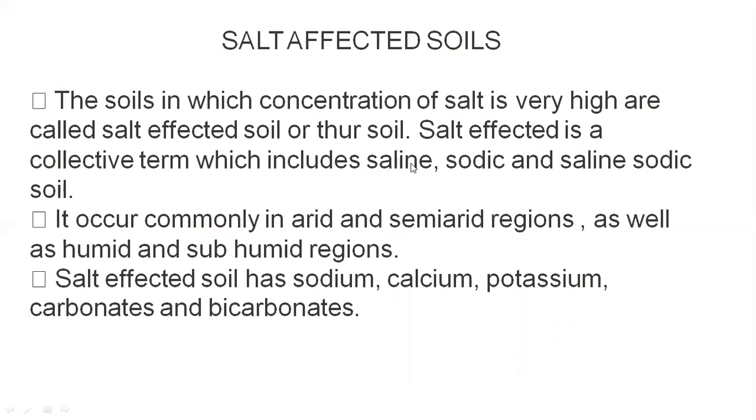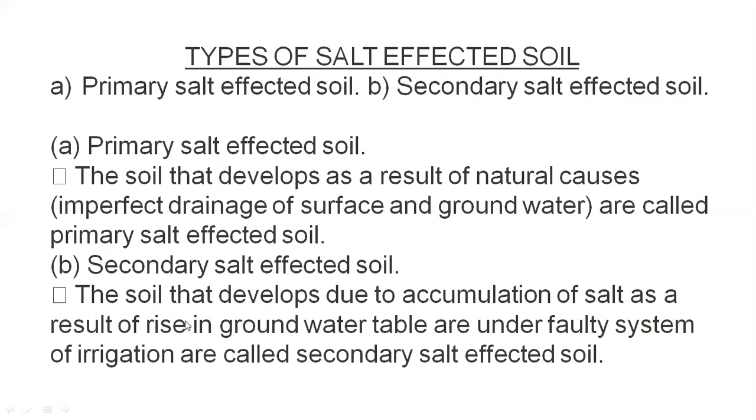Saline is somewhat different, sodic is a somewhat different type of soil, and saline-sodic is a mutual combination of both types of soil. It occurs commonly in arid and semi-arid regions as well as humid and sub-humid regions. Salt affected soil has sodium, calcium, potassium, carbonates, and bicarbonates.